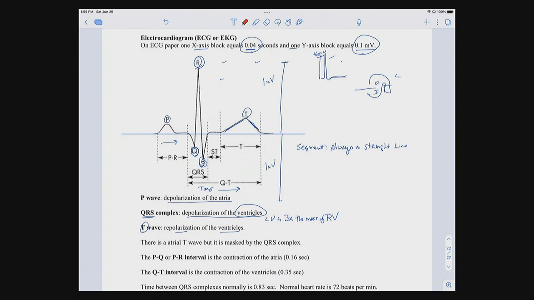And so the ST segment here is the end of the S wave and the beginning of the T wave. And again, it is a straight line. So if we're referring to a segment, we're referring to a part of this process here in terms of the cycling of the heart. There is no waveform in a segment.